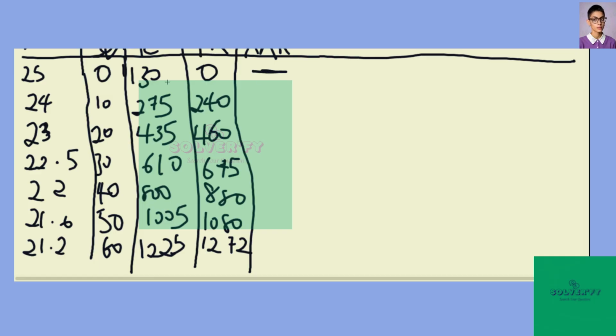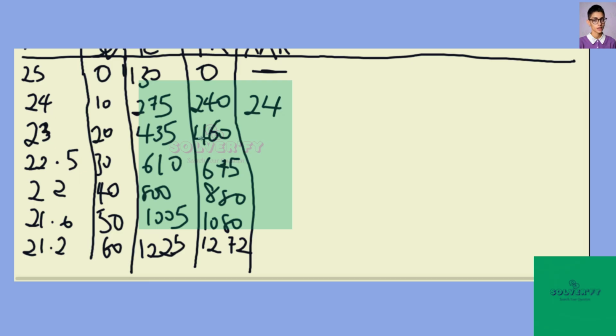The second row will have a marginal revenue of 240 minus 0 divided by 10. 240 minus 0 is 240, divided by 10 is 24.